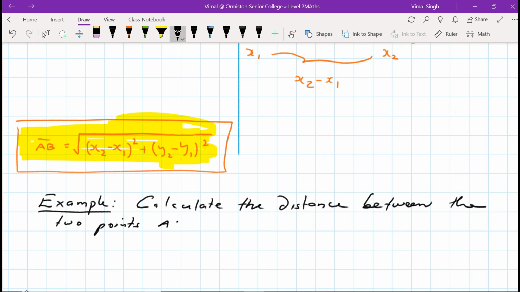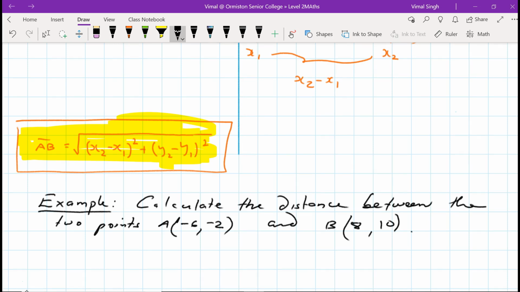A is (minus 6, 2) and B is (minus 8, 10).